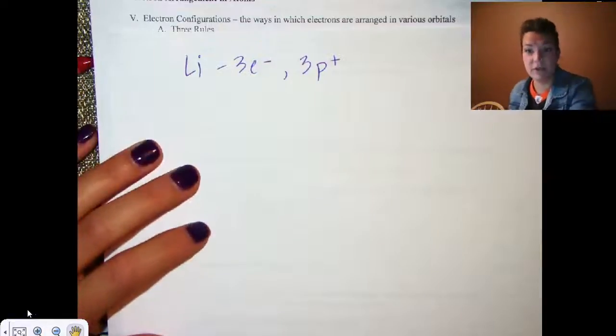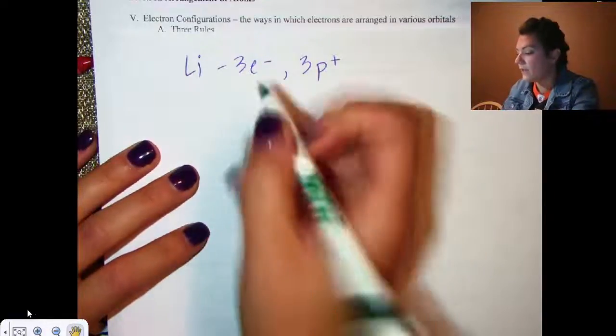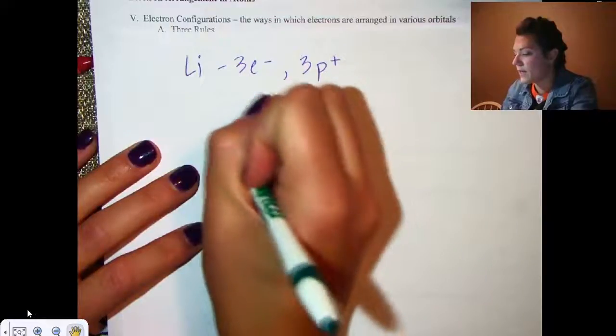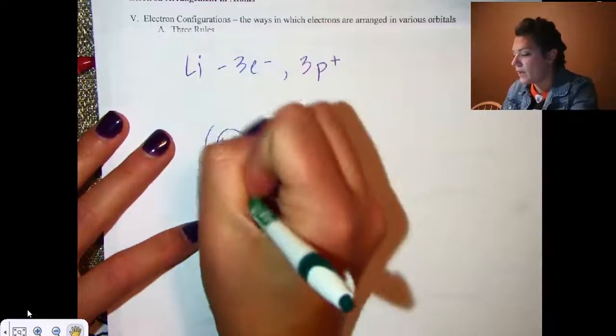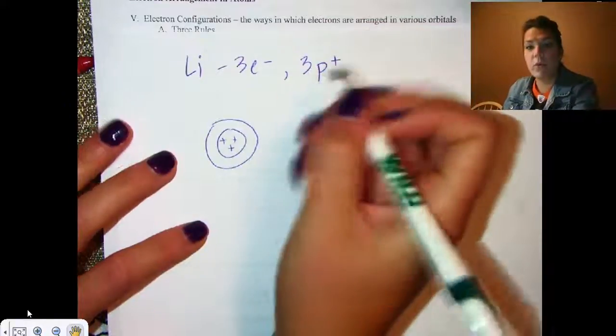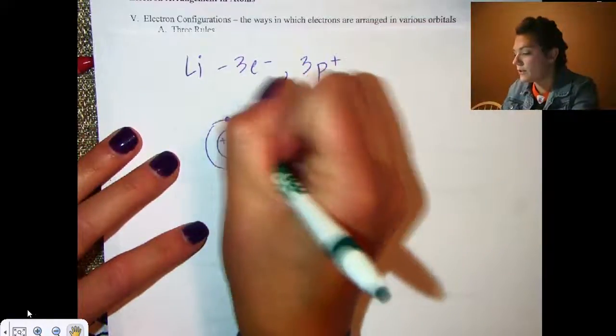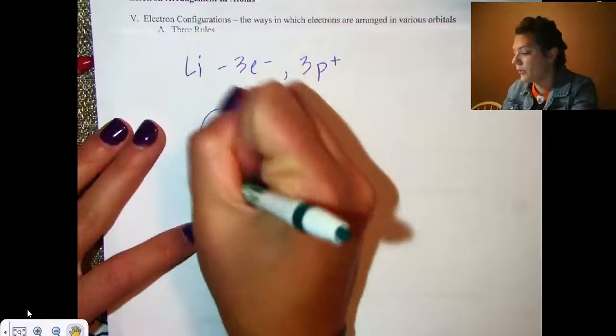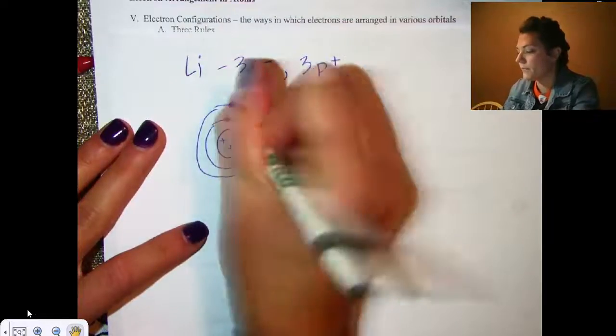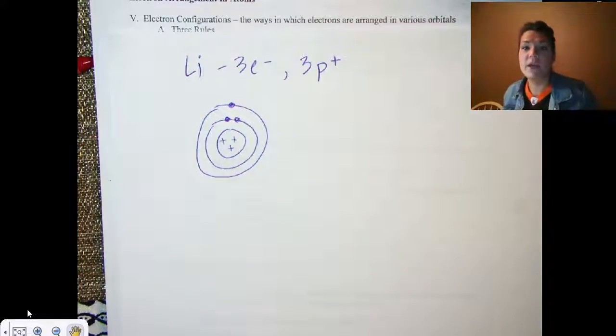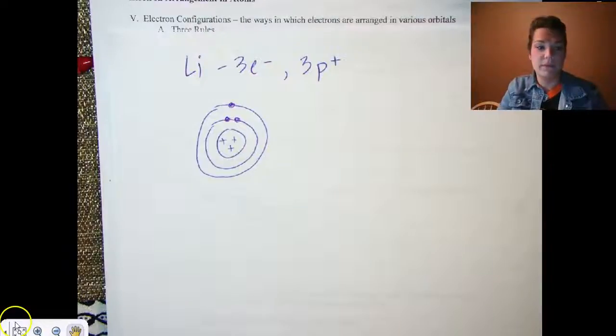If I was to draw a Bohr model, if lithium has 3 protons inside of its nucleus, the first ring in the Bohr model will hold its 2 electrons, where the third ring will hold its 3rd electron. And this would be the Bohr model for lithium.